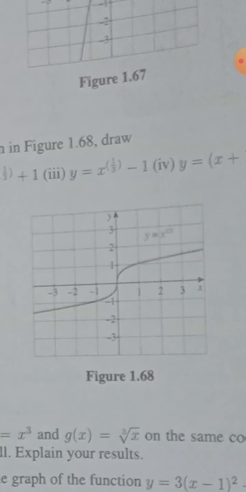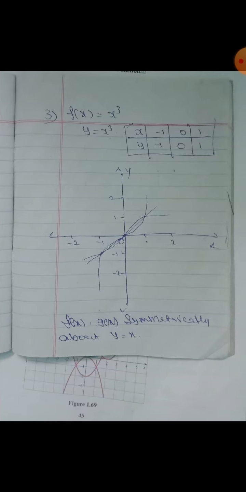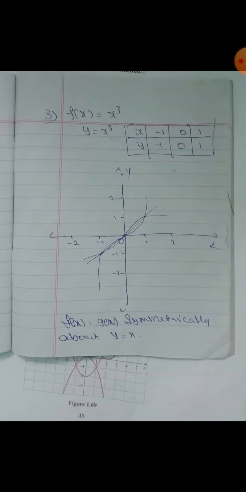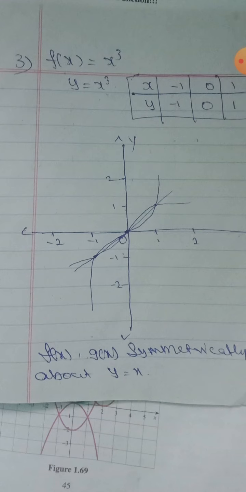Okay, so I just take the x power 1 by 3 graph from here and then draw that. So look at that. Okay, so this is the x power 1 by 3 graph. I have drawn the x power 1 by 3 graph and x cube graph on the same plane. Okay, same plane.